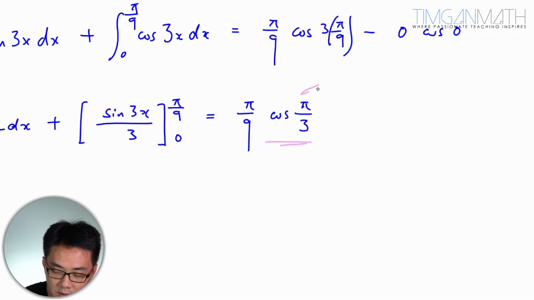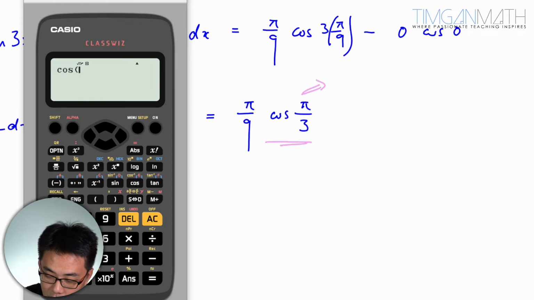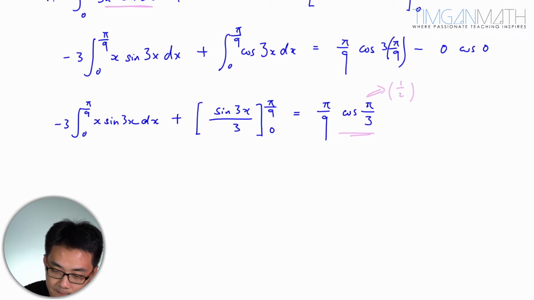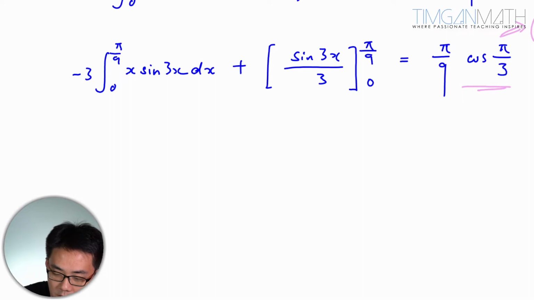Cosine pi over 3 is cosine 60 degrees, which is half. I'm using 180 for pi because I leave this in degrees. So this is half. Once done, it will be minus 3 times the integral of x sine 3x. Same thing, just substitute whatever you see in.